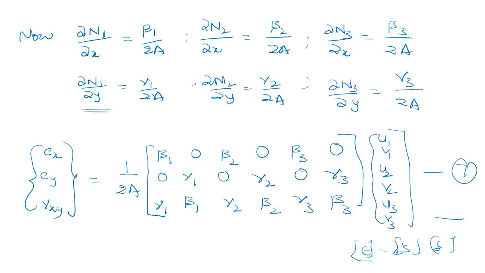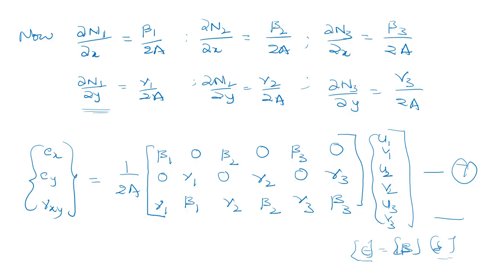Strain is equal to some B matrix multiplied with the displacement vector. Do you remember? In the first, second, and third units we discussed this. That is the strain displacement matrix, or we can say the gradient matrix.